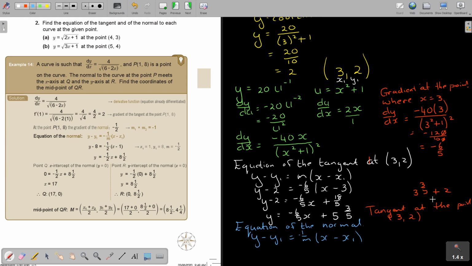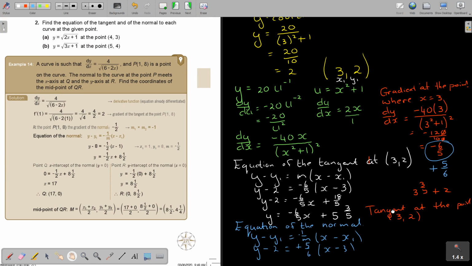It's sometimes easier. So remember, perpendicular will be positive 5 over 6, which I can then just simply substitute there. So it's y minus 2 equals positive 5 over 6, and it's going to be x minus 3. Exactly the same, just a reciprocal, different sign.